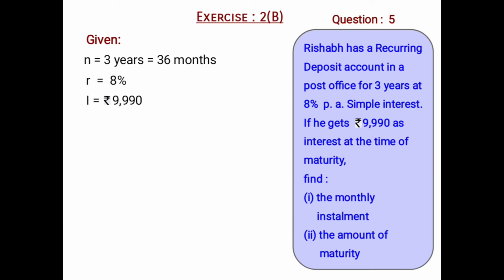We want to find the monthly installment, that is P, and the maturity value MV. Here they have given I is equal to rupees 9,990. So we are going to use the interest formula instead of using the maturity value formula.